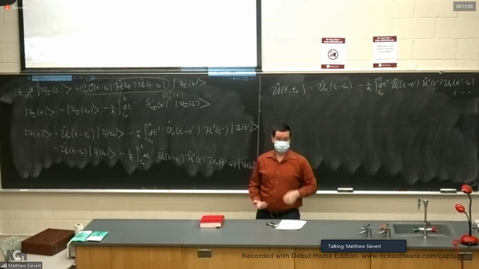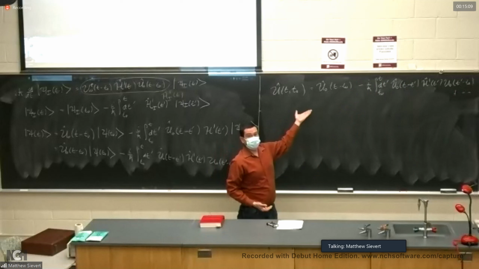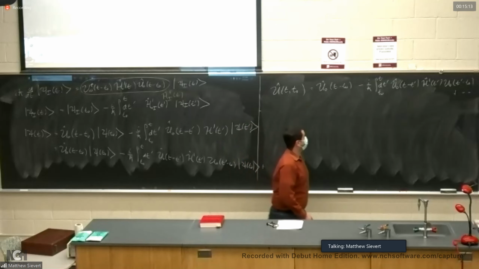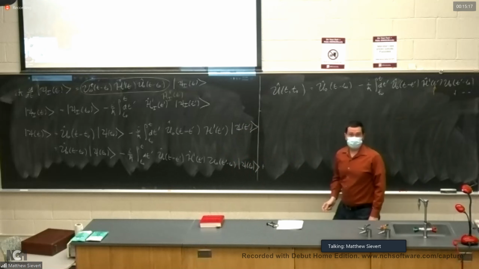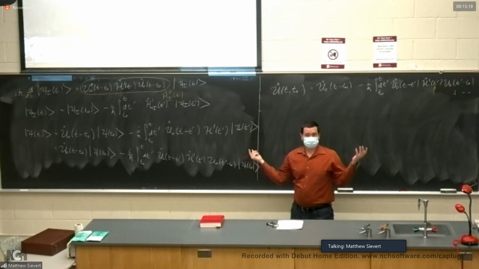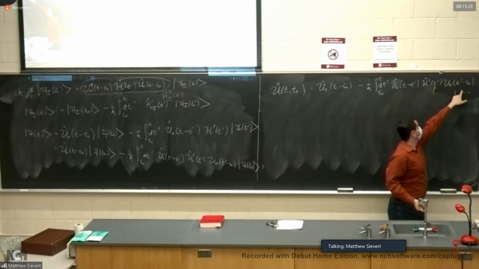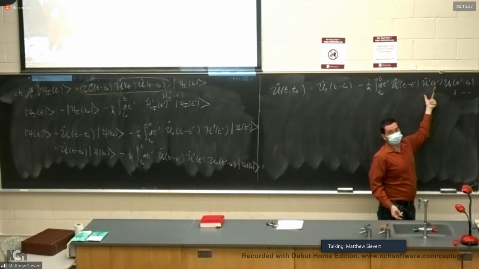So only two trivial things have changed about this equation from the one that I just erased a minute ago. One is that now there's a t prime, which is sitting here in the interaction Hamiltonian. Nothing really changed because this thing was already time ordered because of the ordering of the factors. So making it time dependent didn't upset anything.